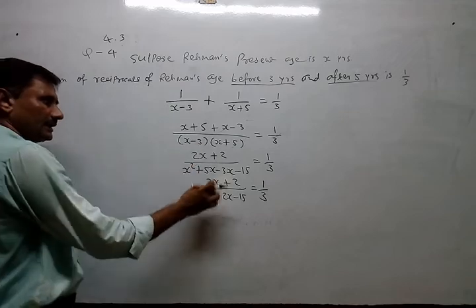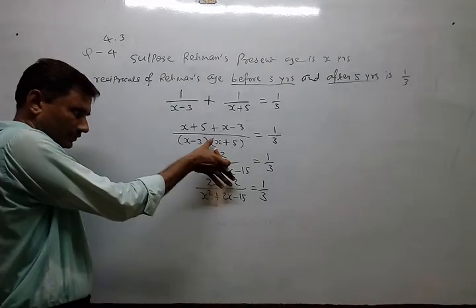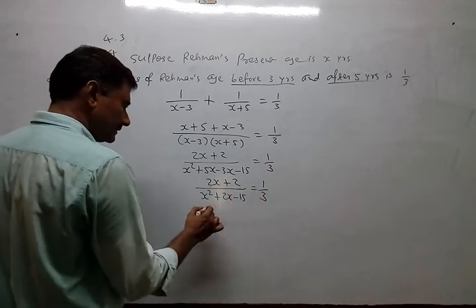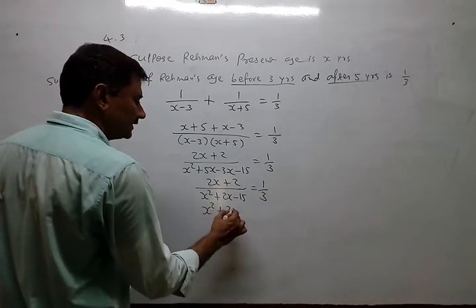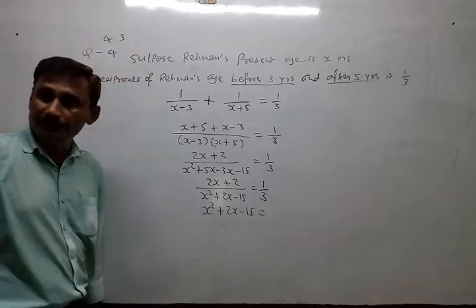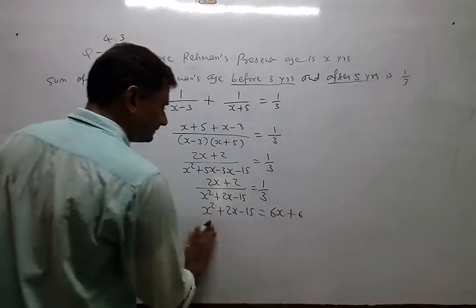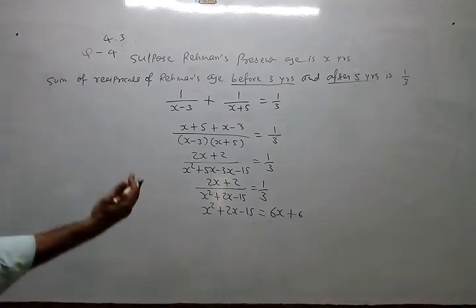Okay, you can write this directly also if you have enough practice. Now cross multiply this way. First of all I write this way, x square plus 2x minus 15, because multiply by 1. Now this way, 6x plus 6. Now shift them here.